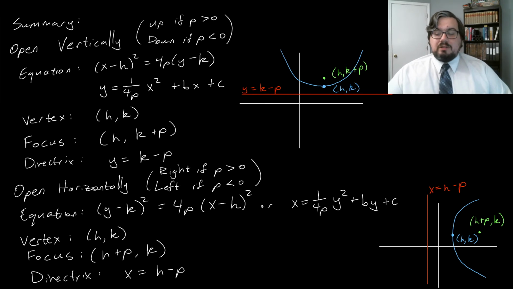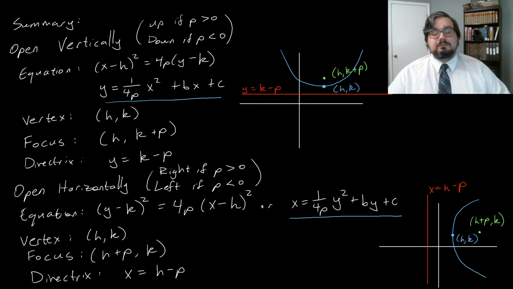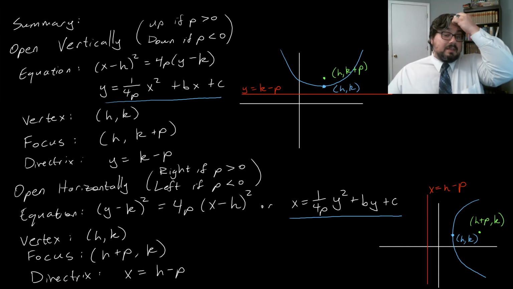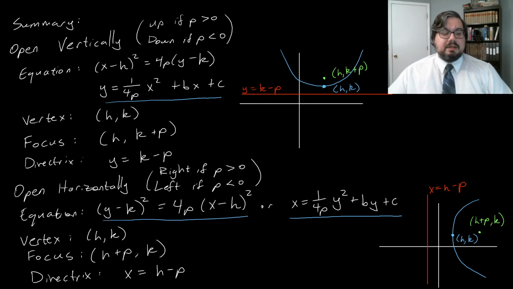Now, what usually happens when we're given the equation of a parabola is that we're given an equation in one of these two forms. When that happens, and we might be asked to graph that parabola, we need to be able to convert it into an equation of this form, because this is how we read off our h and k.